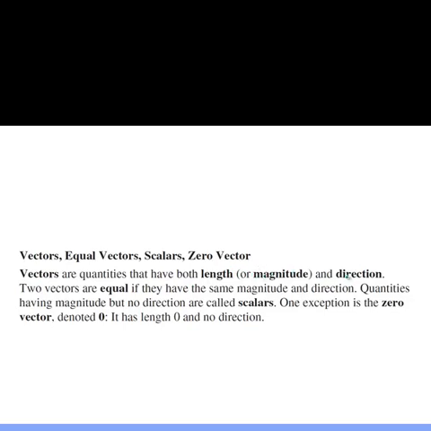Two vectors are equal if they have the same magnitude and direction. Quantities having magnitude but no direction are called scalars. All right, so you could have the number 2, that's a scalar, and you can have a vector u, or PQ. Both of these are vectors.